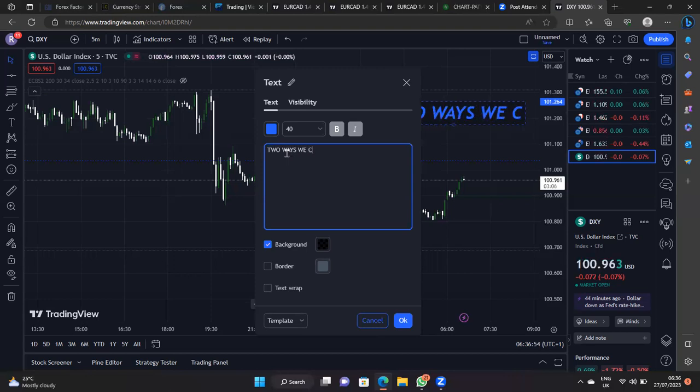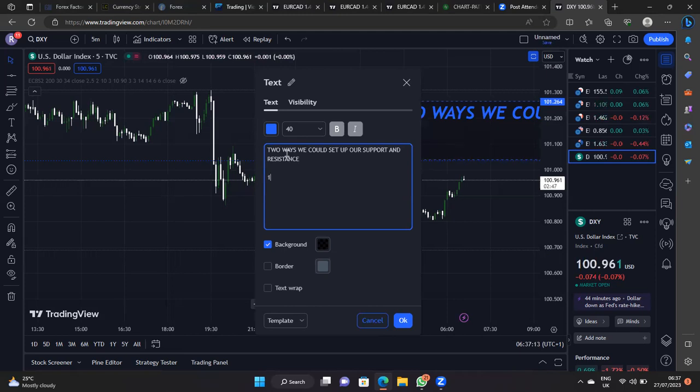Two ways we could set up a support and resistance. Okay.